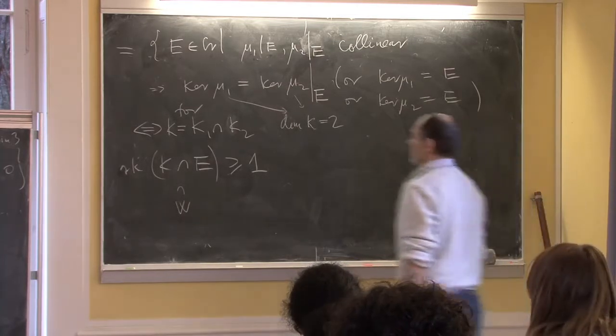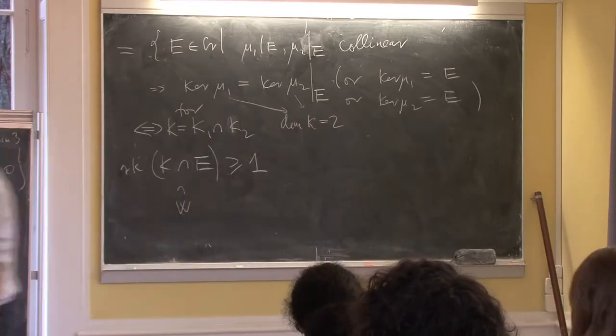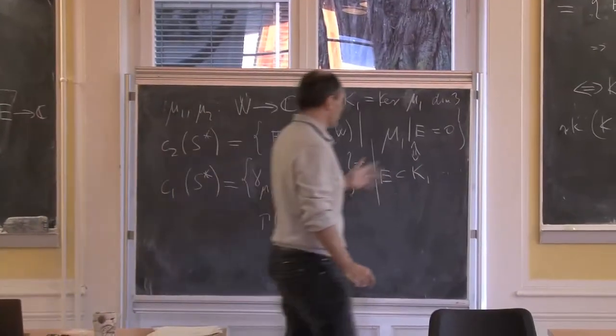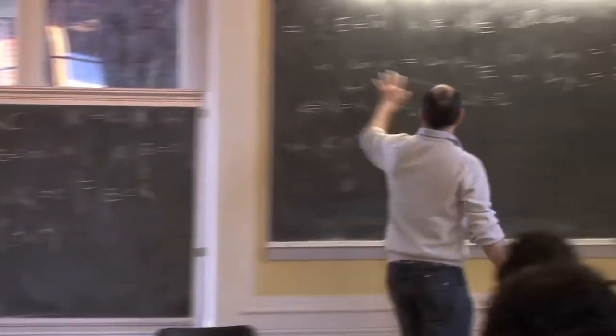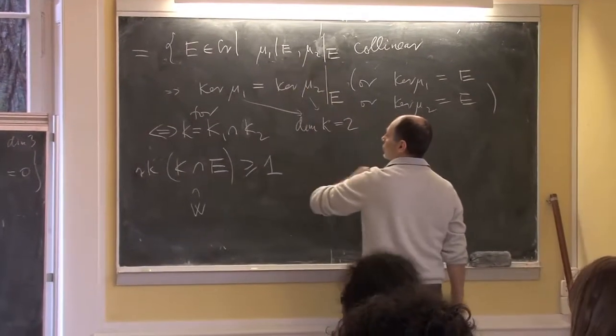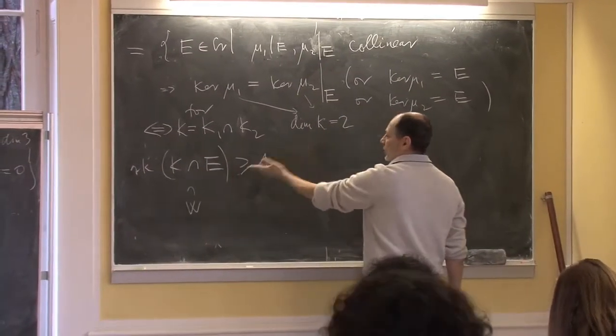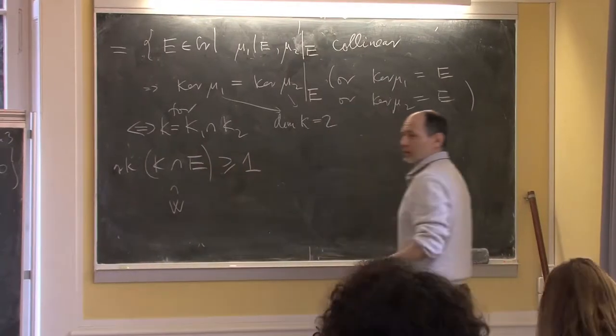Okay, so this is the meaning of the cycle here. So the two cycles, one of them we get is just when two linear, so what this means is actually precisely the cycle that we're interested in.